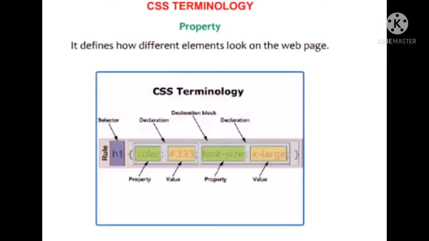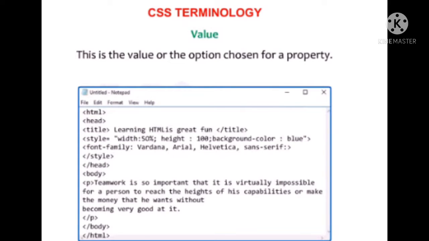And value is the value which is given for a property. For example, the value for the font family property can be font names like Times, Arial, etc. So that is the value which we give to our property.